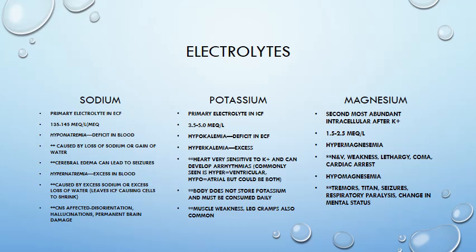In the same manner, if I had hypernatremia, which is an excess of sodium in the blood, which could be caused by an excess of sodium or loss of water, okay? Either way, if I have an excess, that means that I'm going to have a shift of fluid into the vascular space. Well, if fluid comes from the cell into the vascular space, what's going to happen to that cell?